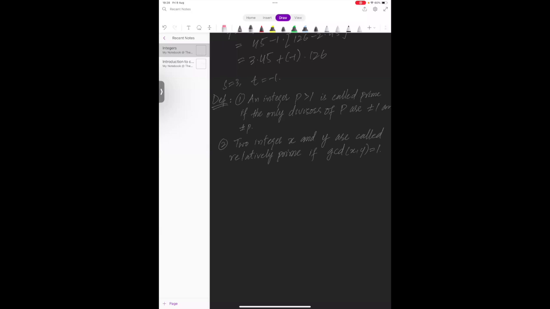Now we have a theorem which gives us a necessary and sufficient condition for two integers to be relatively prime.